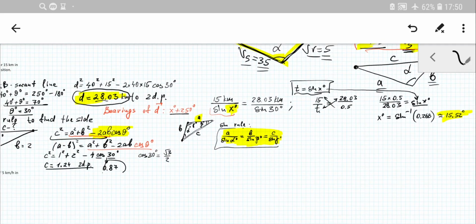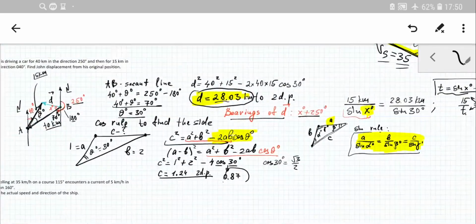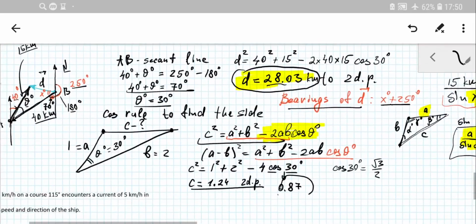So the bearing of D, one more time, go back to the picture. The bearing D is that vector. The bearing is measured from the north direction, all the way through 250, and x is the extra angle in order to arrive at the vector D. So we've got x plus 250.